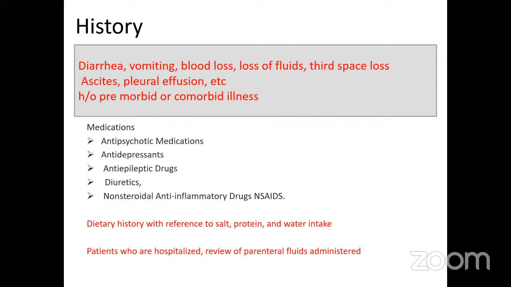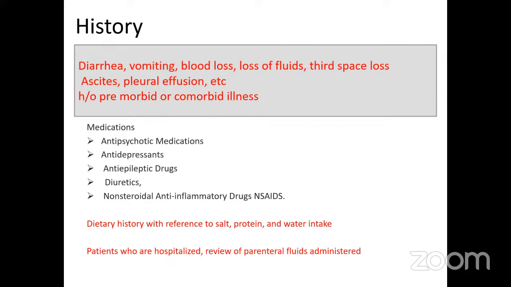We also should take a detailed dietary history because in the last class we discussed tea and toast syndrome or beer potomania. Because somebody takes more water with less of solutes, what will happen? There is no solute to be excreted in water. So water will be retained. That itself can produce hyponatremia.